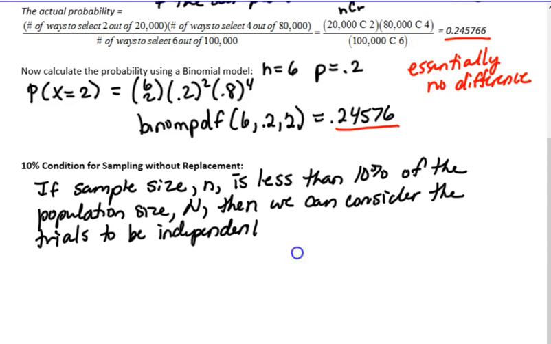And I'm saying that consider is the word. We can consider the trials to be independent even though we are sampling without replacement.